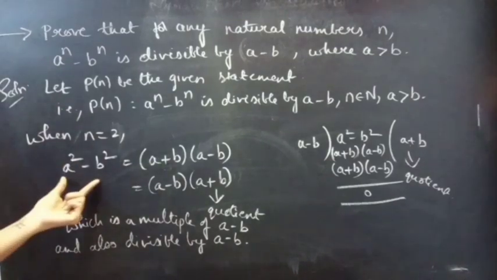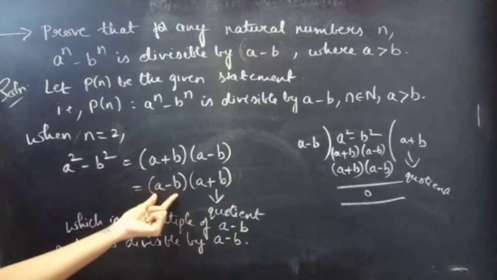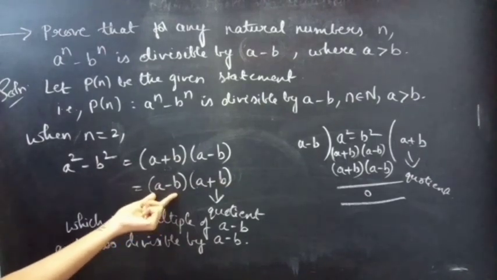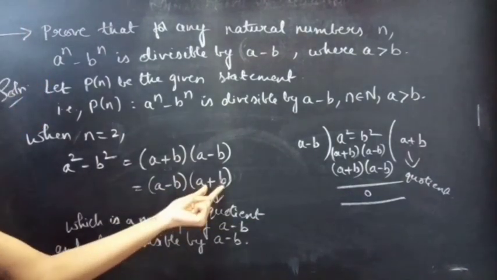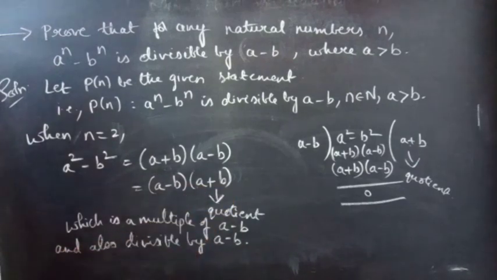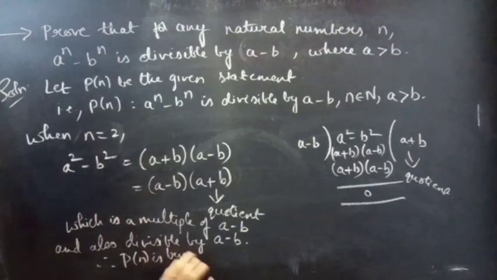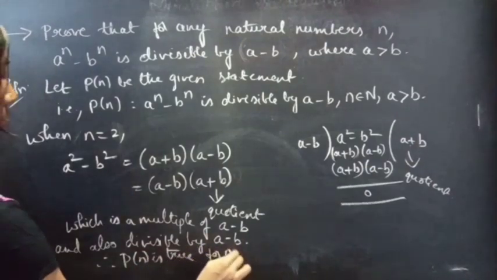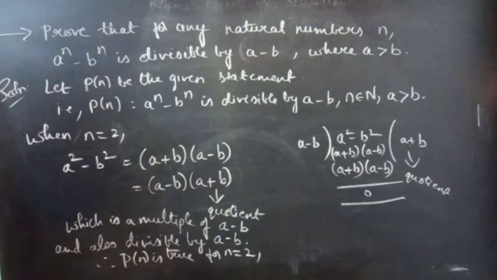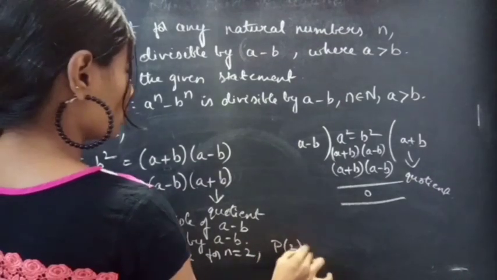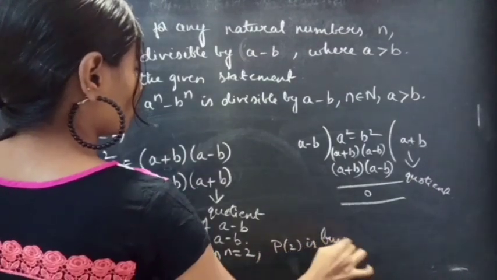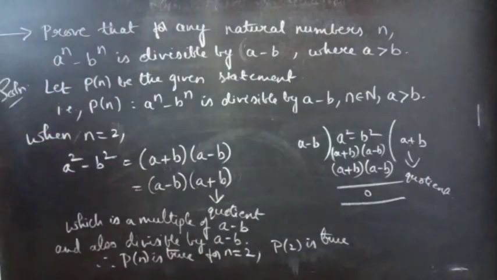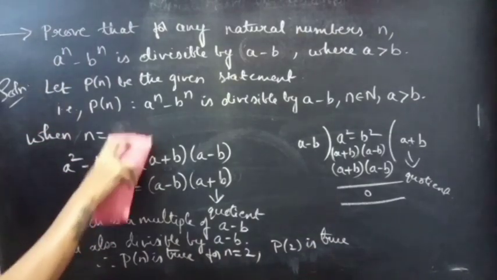If you divide a square minus b square by a minus b, you'll get remainder 0 with quotient a plus b, right? So therefore, p of n is true for n equals 2. From this we can say that p of 2 is true. Likewise, we can show for n equals 3.